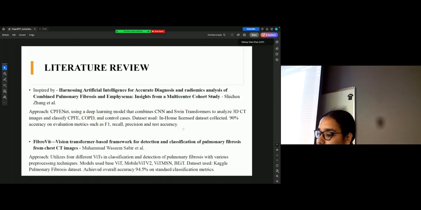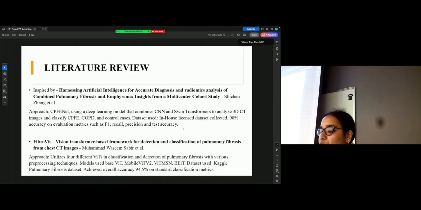Moving on to related work, the first paper is what inspired the idea. To my knowledge, they are the only ones who provided the idea of how to classify and detect CPFE using deep learning methods. They used 3D ResNet as a feature extractor, and then those features were used to train a 3D Swin transformer to classify and predict.